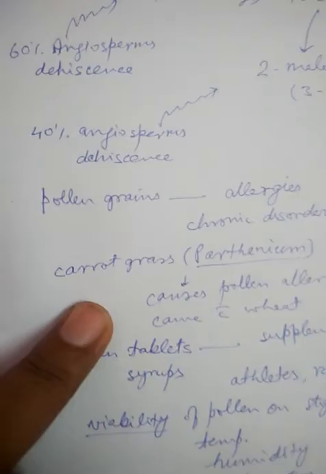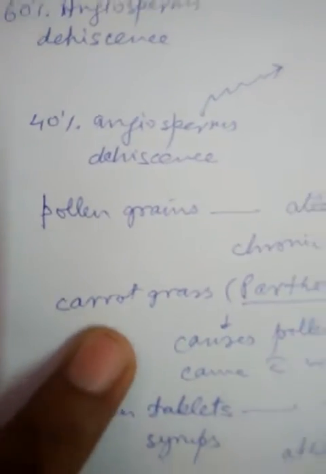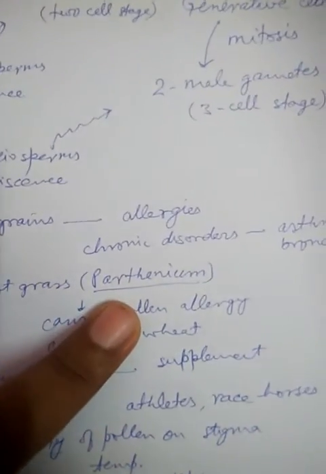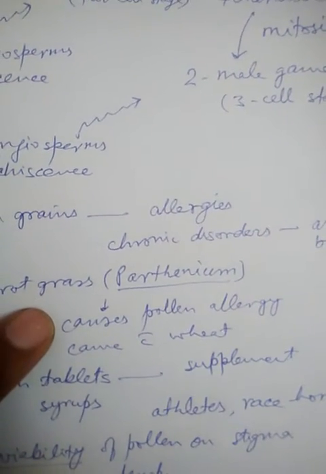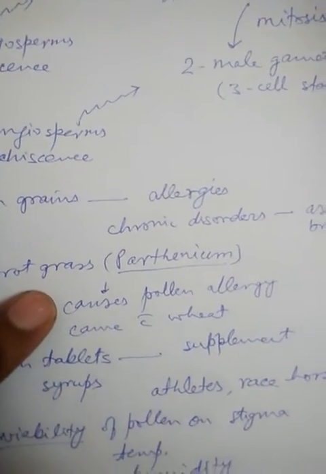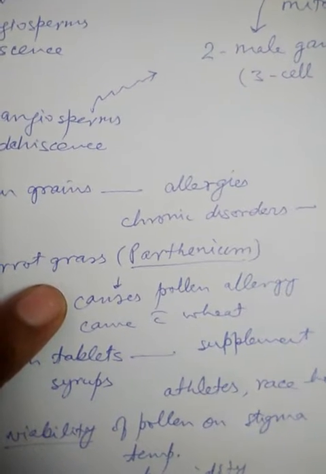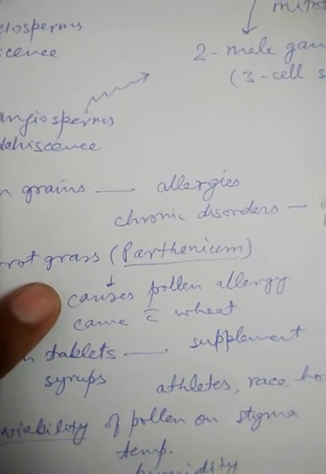There is one famous example, and this is very allergic pollen. There is one grass called carrot grass. The scientific name is Parthenium. So this Parthenium came into our country when the wheat seeds were imported from abroad.